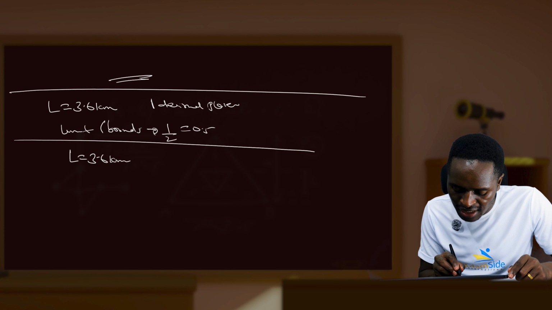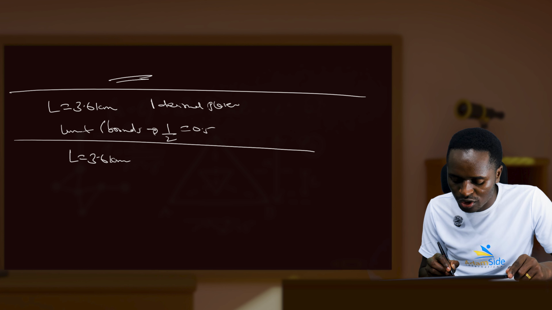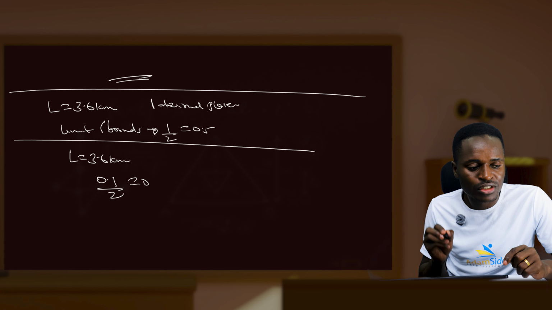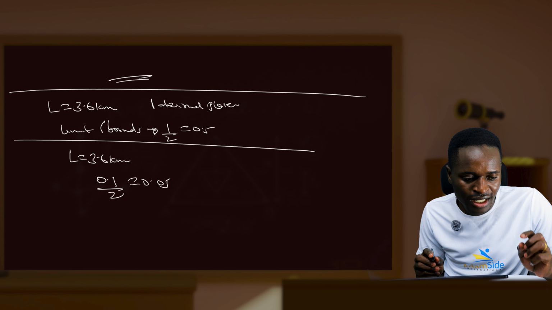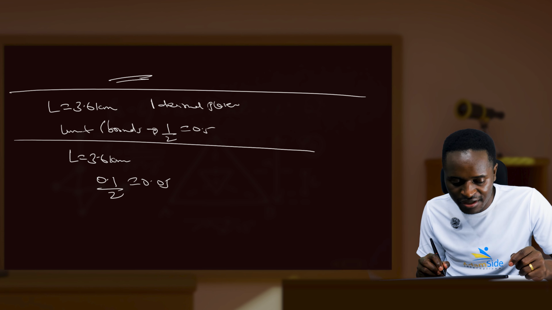Therefore, we'll take the lowest unit of the number, which will be 0.1, because the number has one decimal place. So 0.1 divided by 2 will be 0.05. So our limit is 0.05. To get the upper bound, you add 0.05.